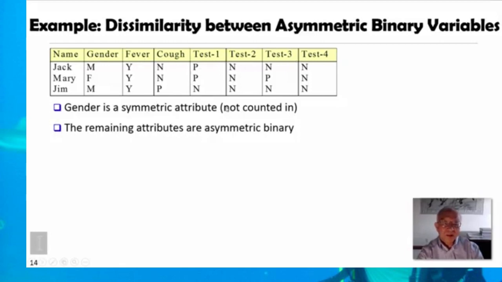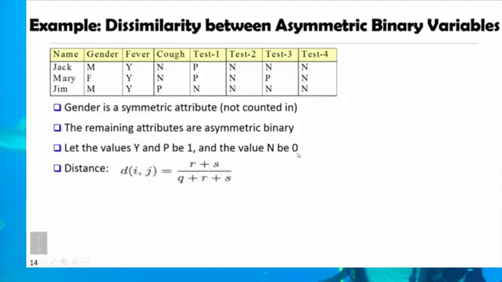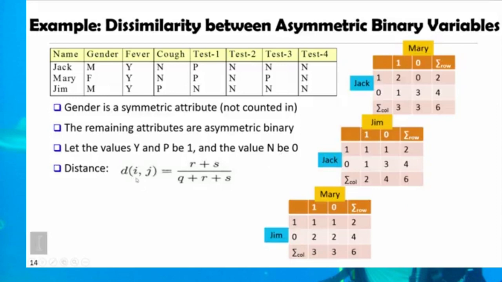Then we try to examine how they are different. Suppose we say P is the positive case and a value N, no or not the case, will be 0. In that case, we look at our distance measure for asymmetric attributes. We can work out these contingency tables.